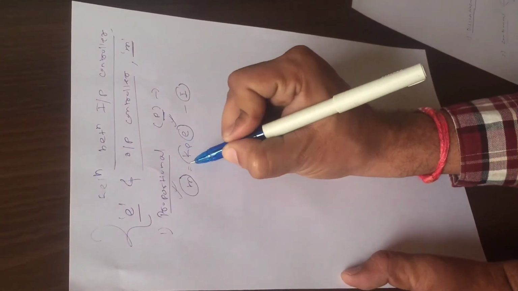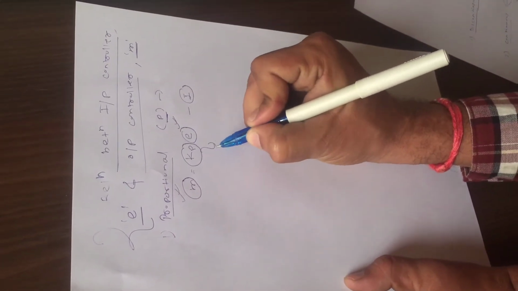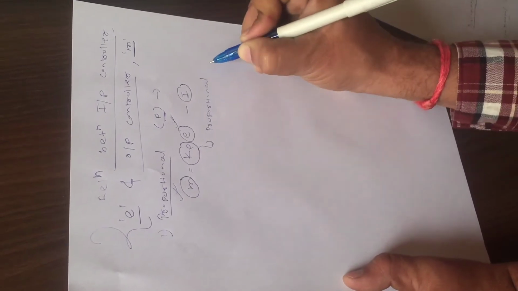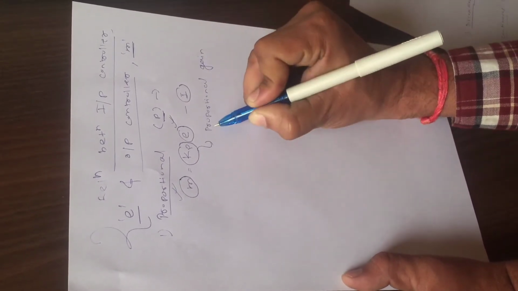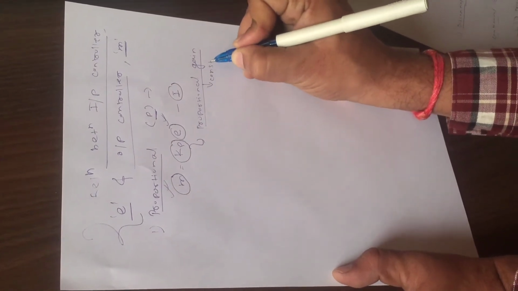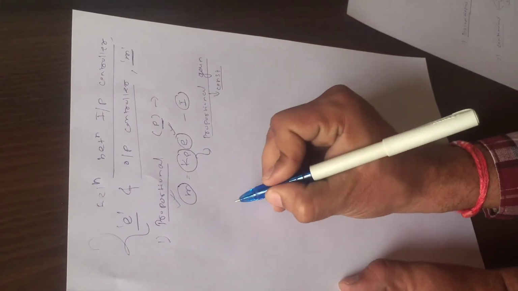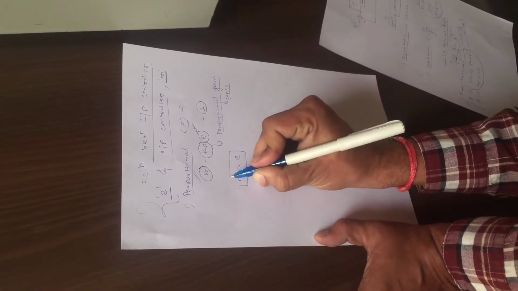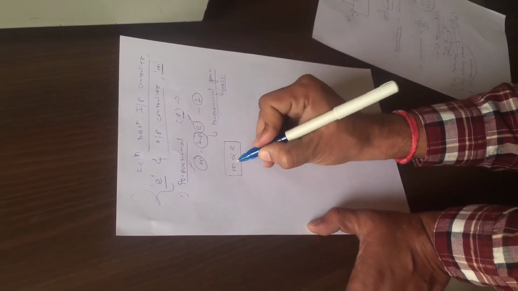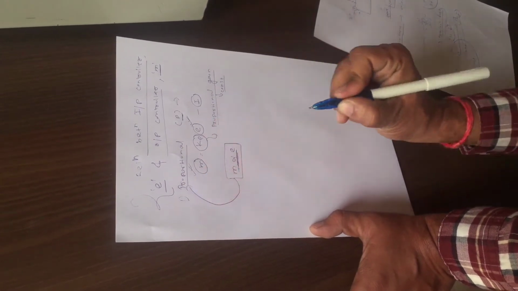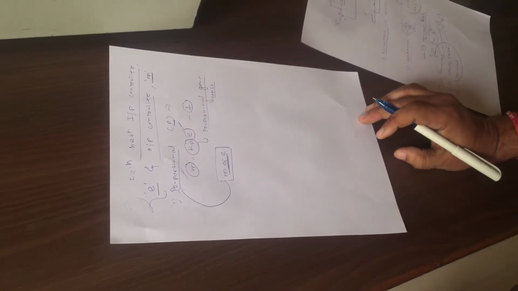Then we have the term Kp, which is called the proportional gain, and that term is a constant. Now if Kp is a constant, m is directly proportional to the error signal, and that's why, if you see this equation, the name of the control mode is the proportional mode.